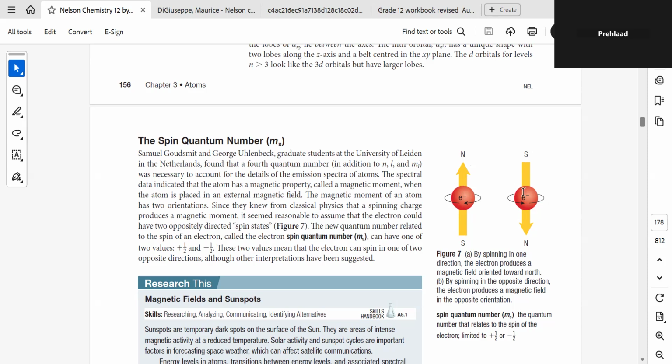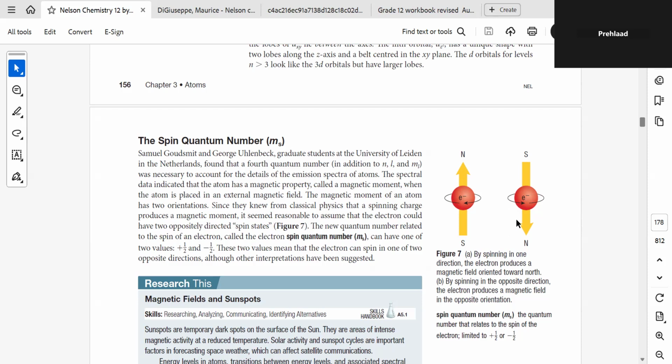If the north pole and north pole, or basically they had similar spin, what would have happened? If they are a similar spin, they would have repelled against each other, and they wouldn't have been in the same orbital. So if electrons have to be in the same orbital, it is mandatory that they should be of opposite spin.